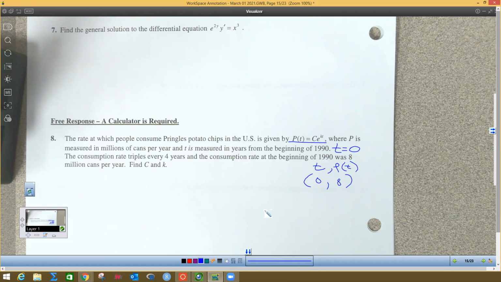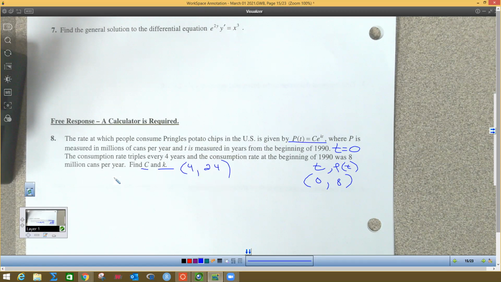And then it says every 4 years it triples. So what that gives me is another point. When T is 4 and I triple 8, that's 24 million Pringles cans. So they give me 2 points. I'm going to use the first one, 0 and 8, to find C, because I have to find C and K, and then I'll use this point to find K.